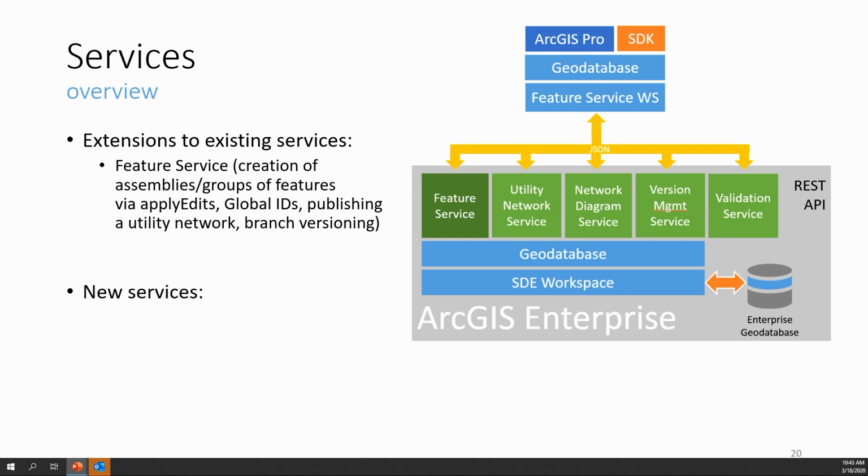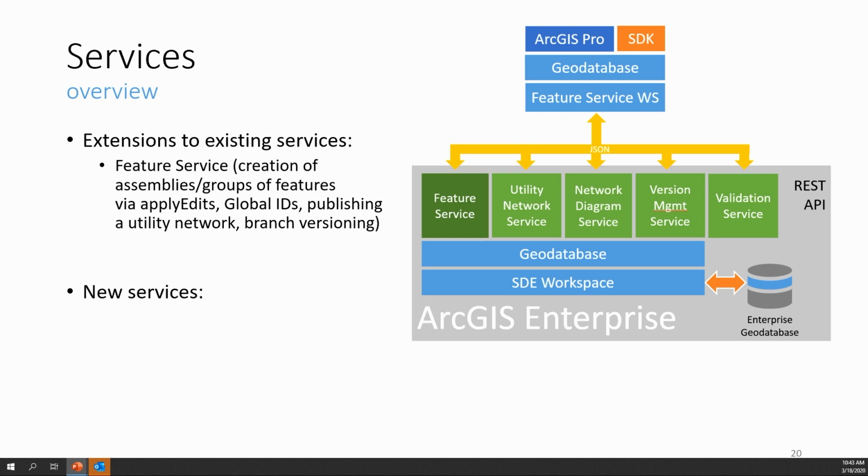Now, what's interesting is each of these 5 services that I have depicted here, and again, not all of them are there. We have things like the raster server, we have the map server. There's all kinds of servers out there, as part of ArcGIS Enterprise, that are just not depicted here. But it all sits on top of, again, the same geodatabase implementation as you see on the client.